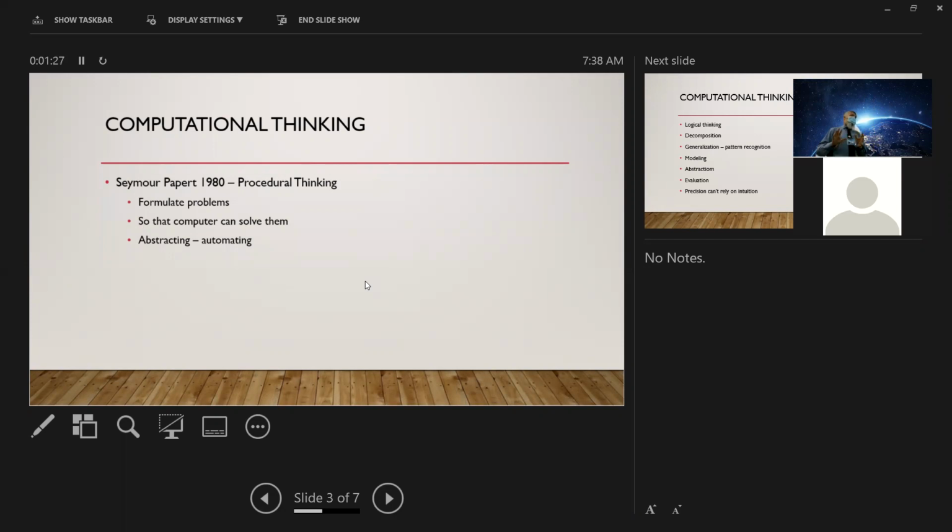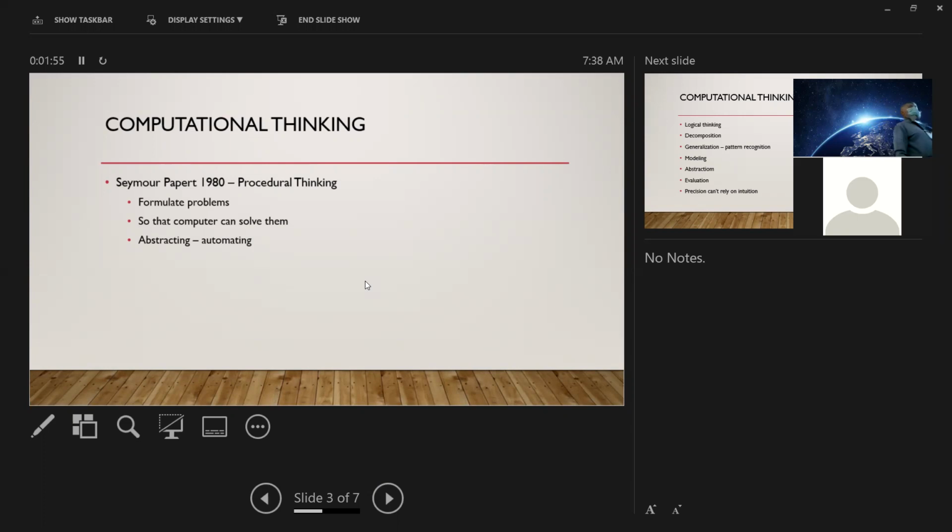We can't really use those so much in computing, because of computing's limited ability to do things. And so we have to be a lot more precise. Precision is what we need. We have to be very careful in the way that we construct our problems and the solutions to those problems.